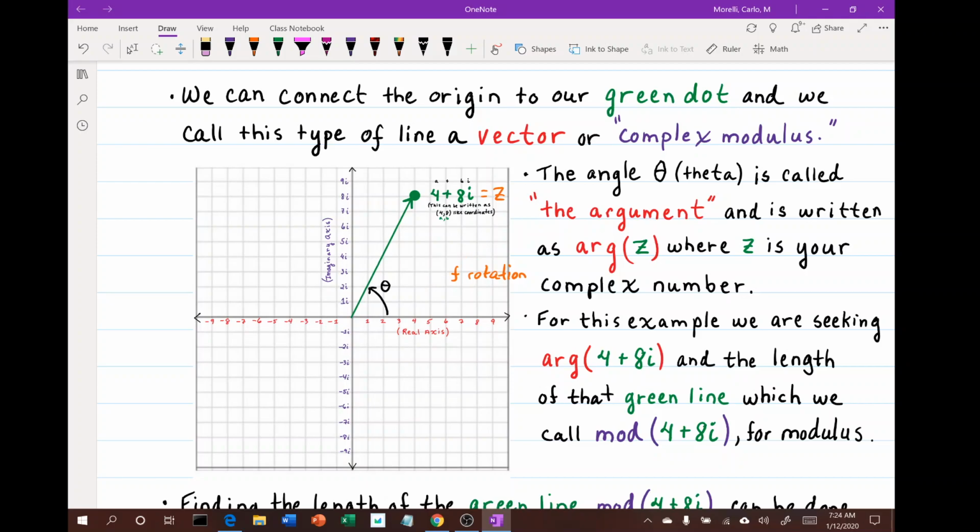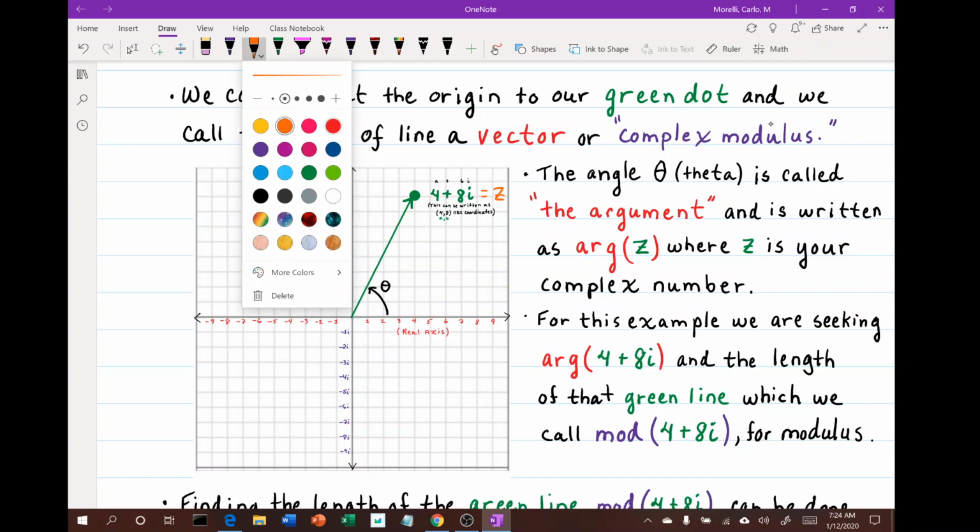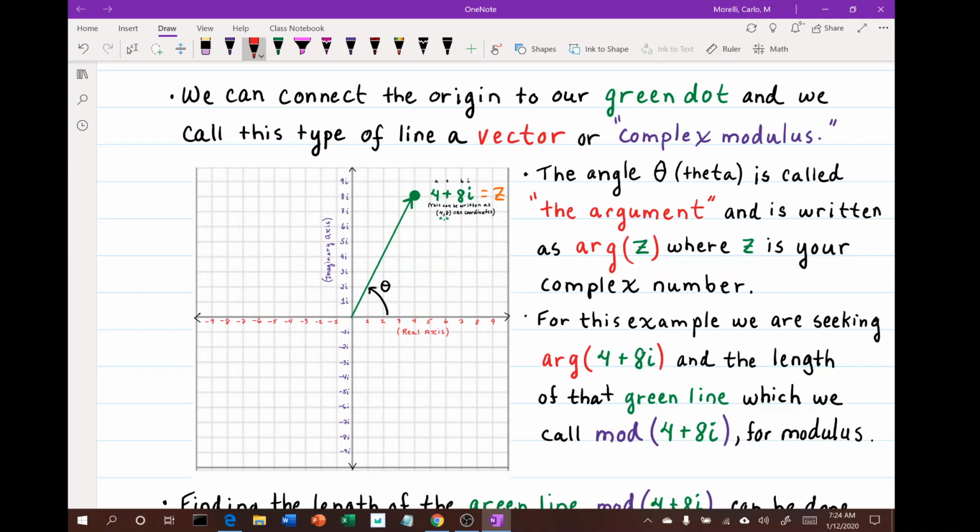So every complex number has both an argument and a modulus. Let me write that down because you need to know that. All complex numbers have both an angle of rotation and a hypotenuse, or a vector. All complex numbers have both an argument and a modulus.